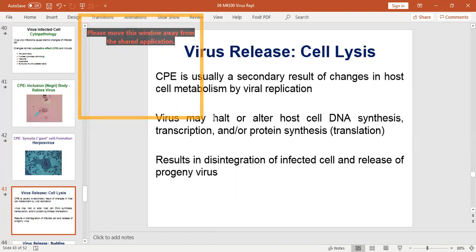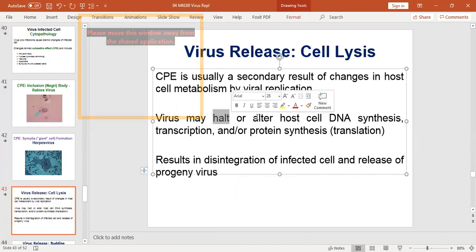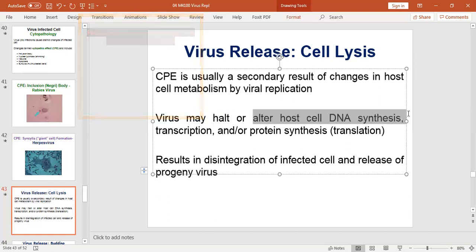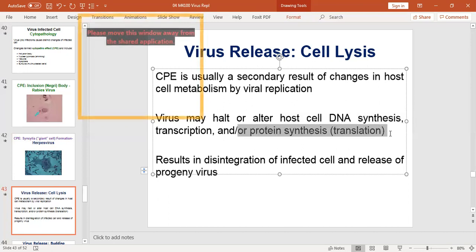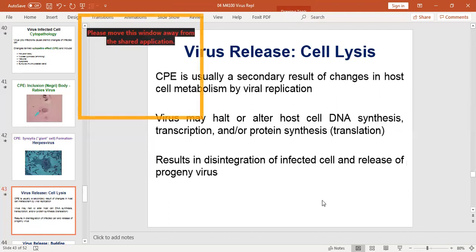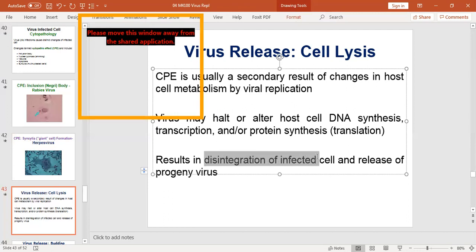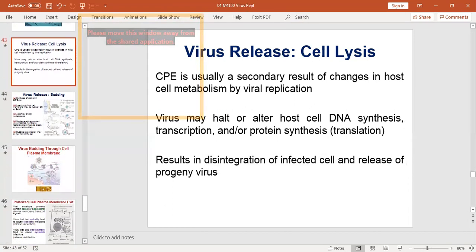Viruses may completely stop or modify host cell DNA synthesis, its transcription, and translation or protein synthesis within the host cell. And all of these changes induced by the virus result in the disintegration of the host cell and release of progeny viruses from the virally infected cell.